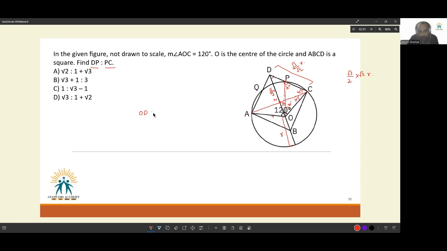OD will be equal to ND plus ON, and OC is R itself.